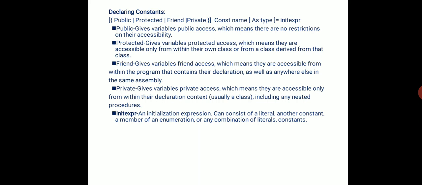Friend gives variables friend access, which means they are accessible from within the program that contains their declaration as well as anywhere else in the same assembly. And one more is private. It gives variables private access, that means they are accessible only from within their declaration context, including any nested procedures.